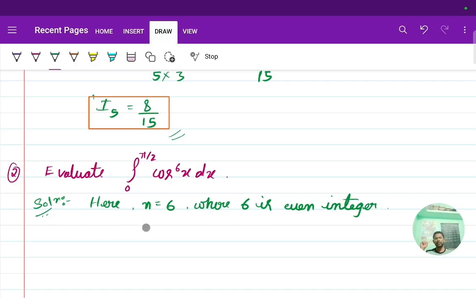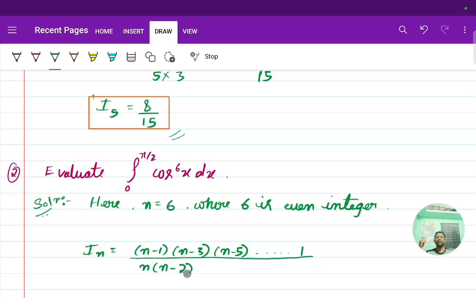So when n is even, we have the formula for that also. Let us write the formula: In is equal to (n minus 1)(n minus 3)(n minus 5) and so on up to 1, whole divided by n(n minus 2)(n minus 4) and so on up to 2 into pi by 2.